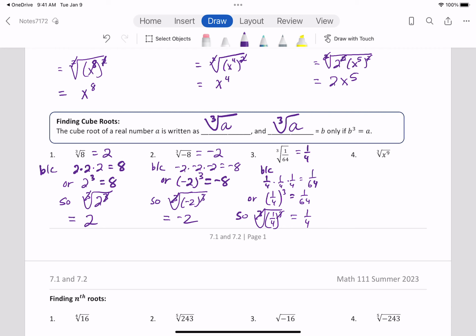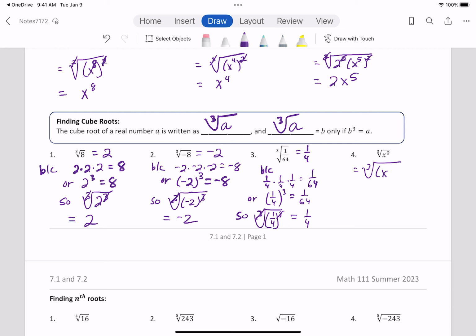Alright, for the last one, we're going to go back to using that a to the m to the n is a to the m times n. So I don't want x to the 9th under there.